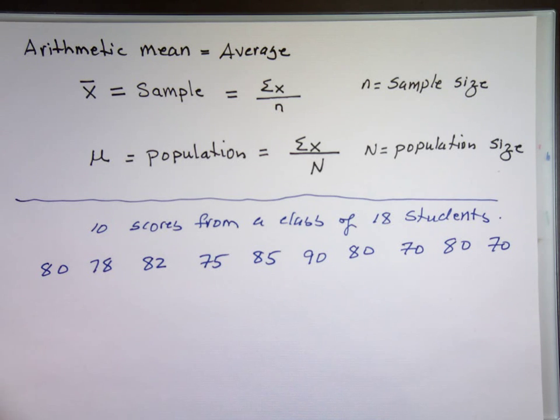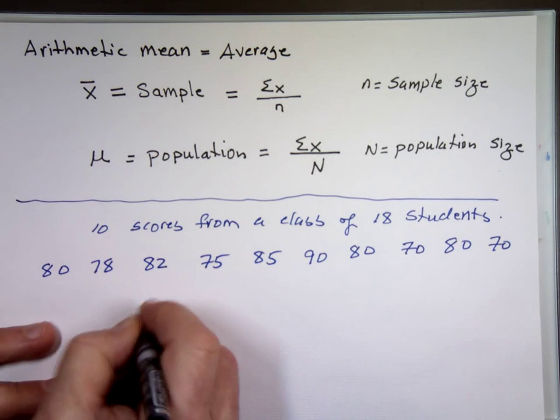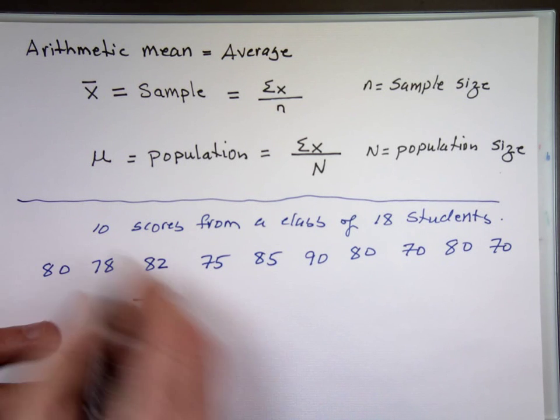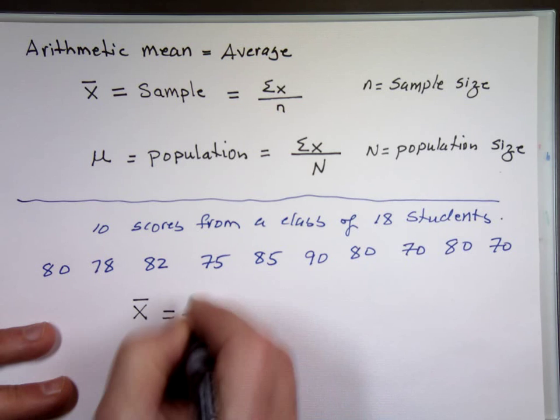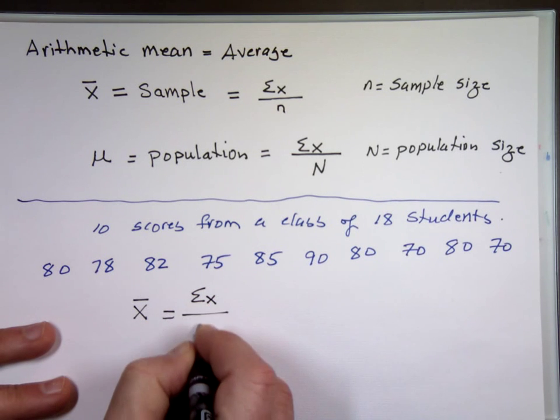Let's calculate the mean. Is the mean going to be X bar or mu here? X bar. Why X bar? It's a sample. 10 out of 18. Not everyone. So we add all the values, we divide by the number of values.